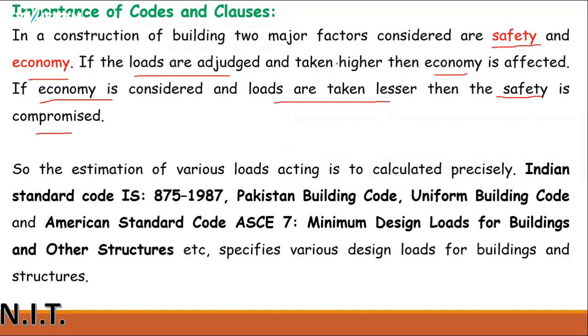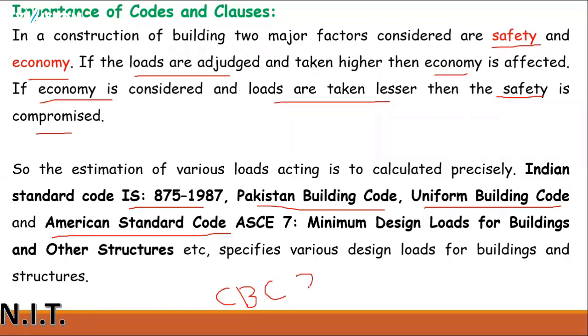These are the different codes. Indian Standard Code, PBC Pakistan Building Code, UBC Uniform Building Code, ASC American Standard Code, and these are the codes which provide minimum design loads for buildings and other structures. Even for China, CBC China Building Code was published in 2002.